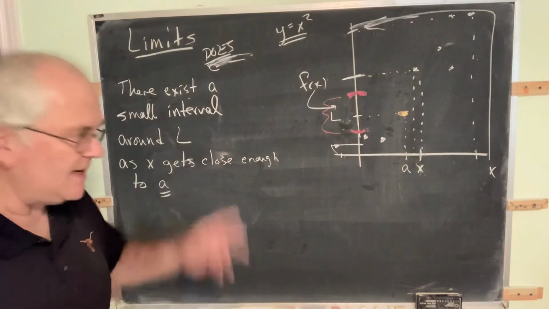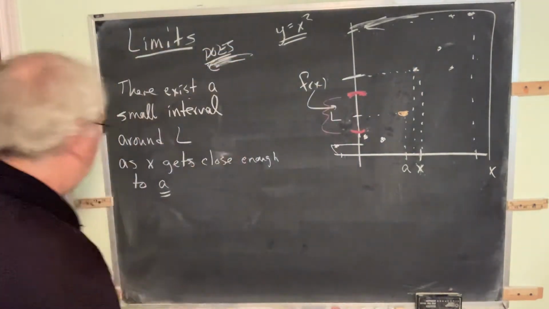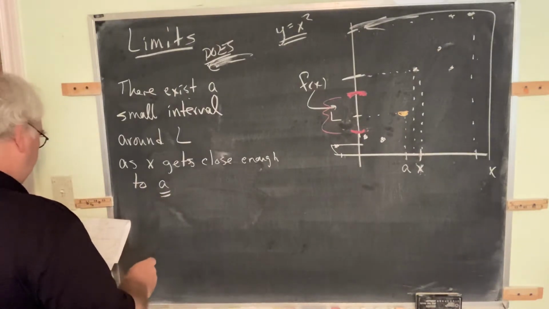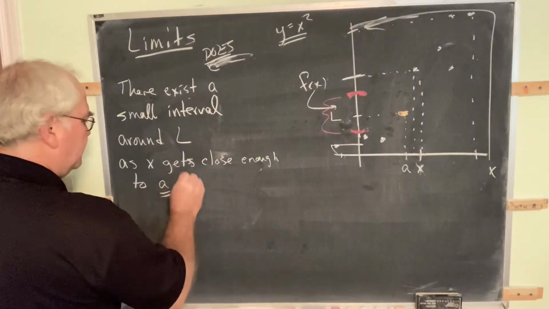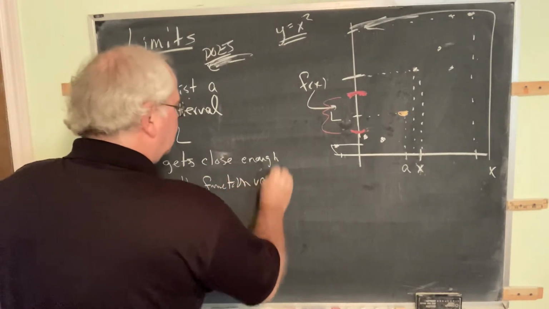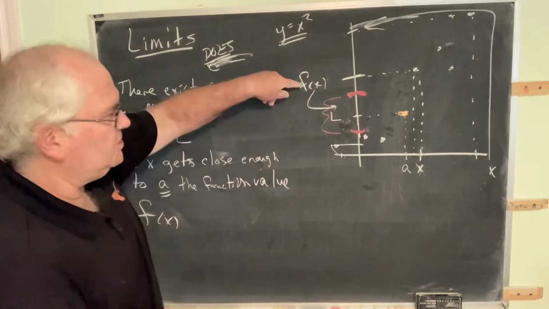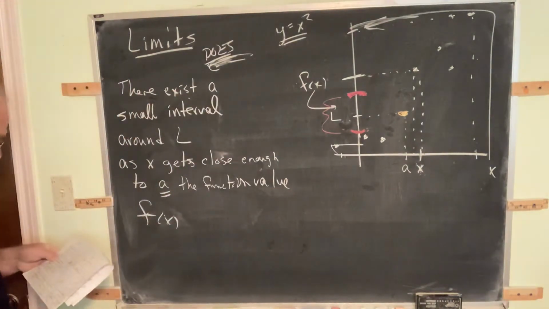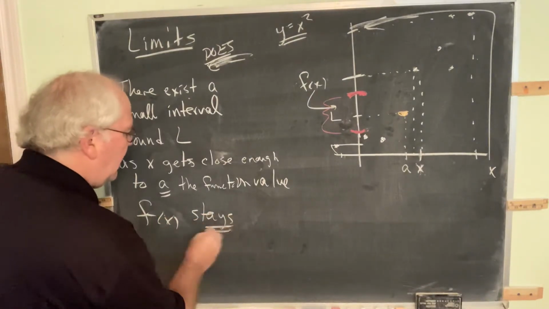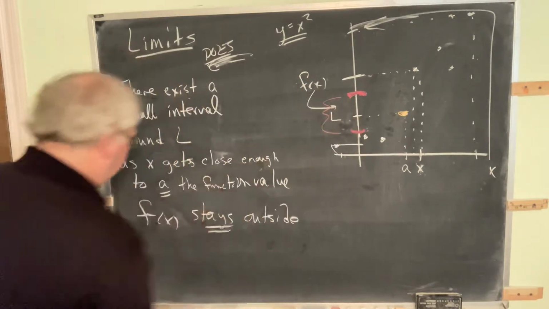That's what we mean by saying there's a gap, that they're separated. If X gets close enough to A, the function value f of x stays outside my little red interval.